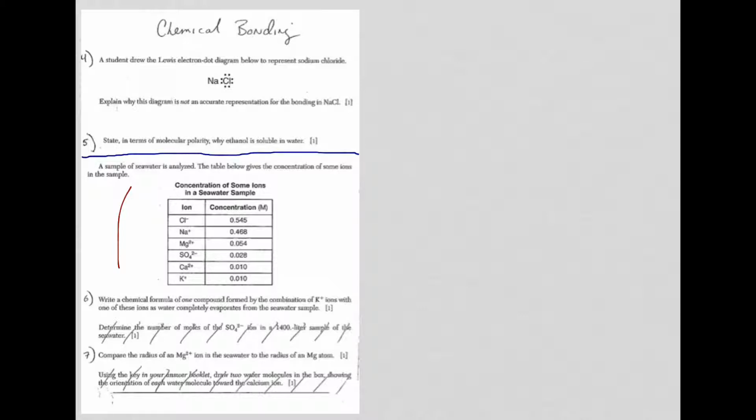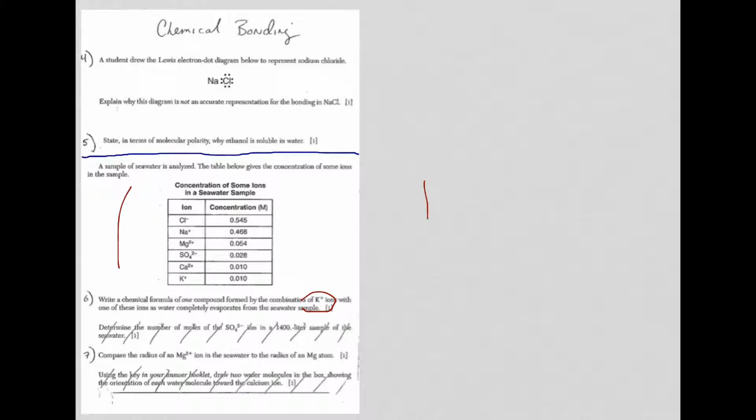All right, so 6 and 7, I determined, have to do with chemical bonding. Anything that's crossed out is in a different video for a different topic. With number 6, you're asked to write a chemical formula of one compound formed by the combination of potassium ions with one of these ions as water completely evaporates.